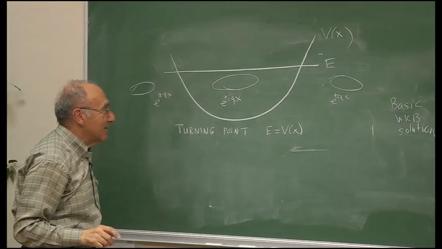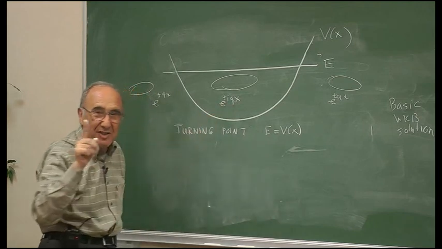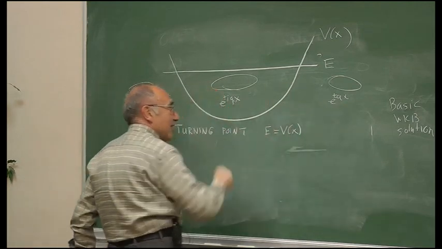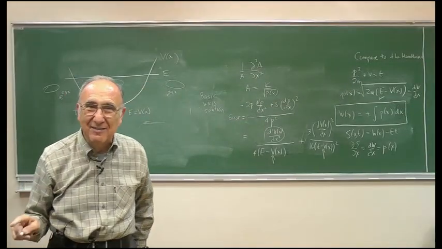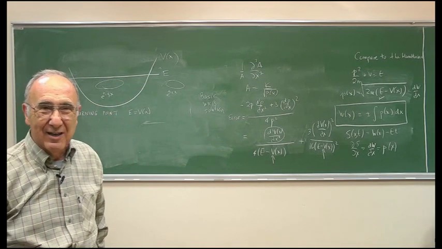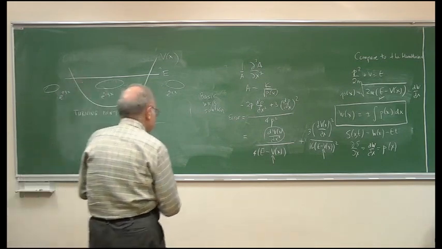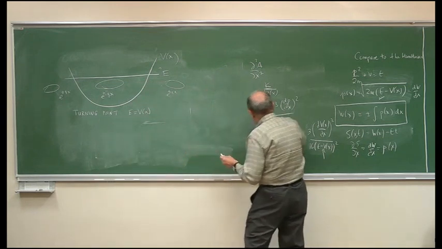And the variation from e to the iqx, which is a sine or cosine, to e to the qx, which is an exponential, is of course anything but slow variation, which means that we have to devise another approximation near the turning points.